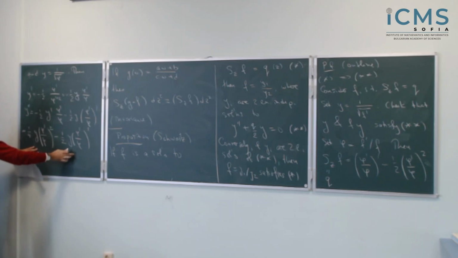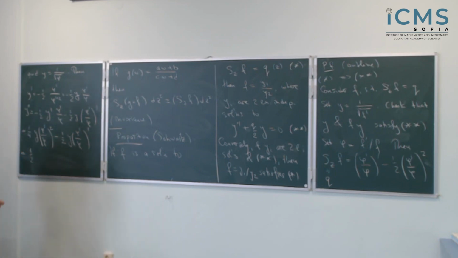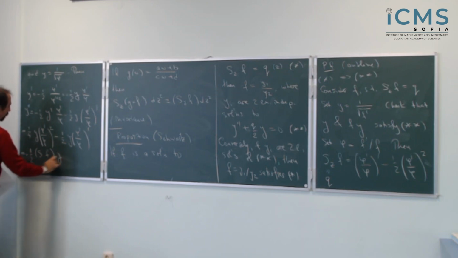So this is the Schwarzian, up to a factor, multiplied by y. It's minus 1/2, minus 1/2 Schwarzian times y.